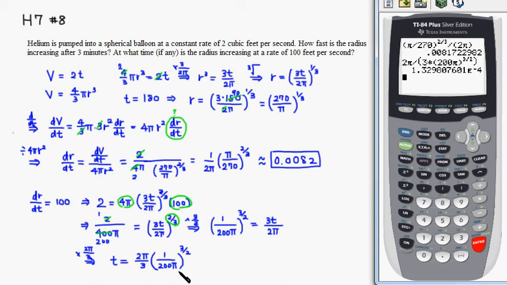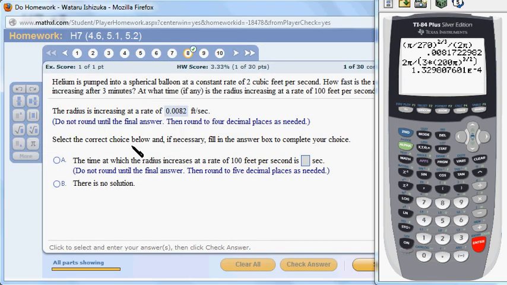Now what's the precision? We want to round to the 5th decimal place. So this is equivalent to 0.0001 3, where I need 4 zeros because of 10 to the negative 4 power, and then a 1 and a 3.